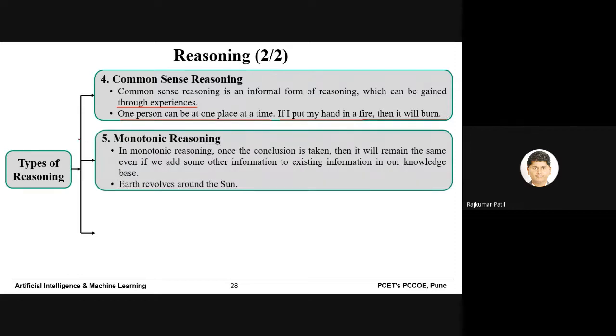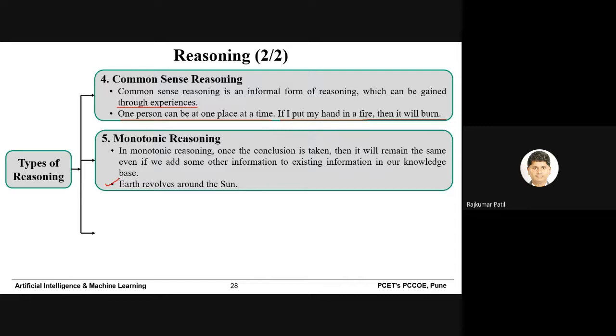Then the fifth type is monotonic reasoning. In this case, once the conclusion is taken, it will remain the same even if we add some other information to the existing information in our knowledge base. For example, Earth revolves around the sun. This is monotonic reasoning, or this is the fact.